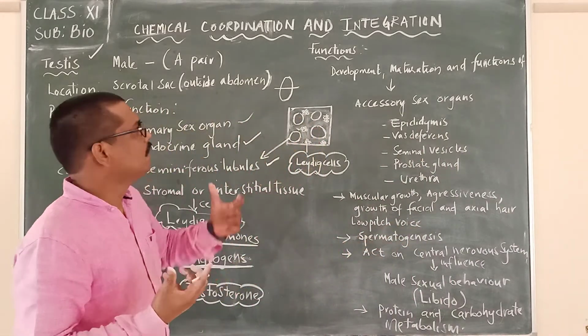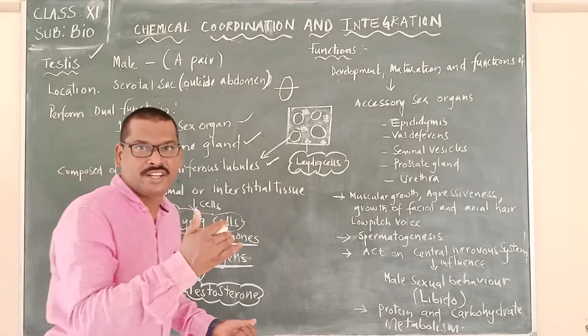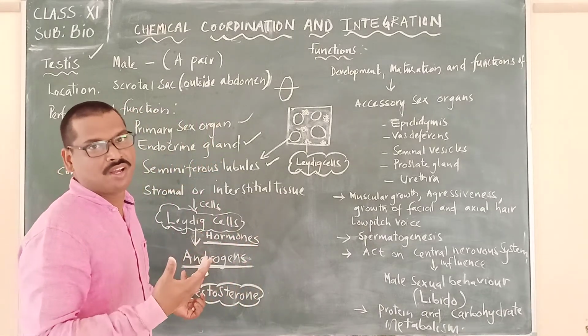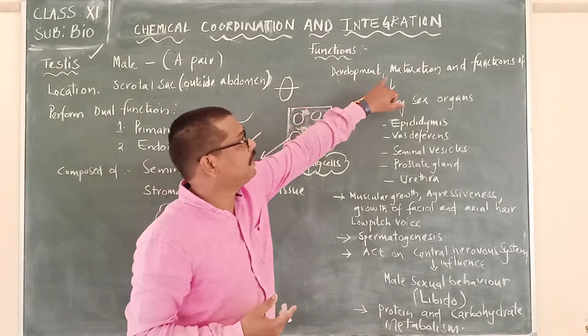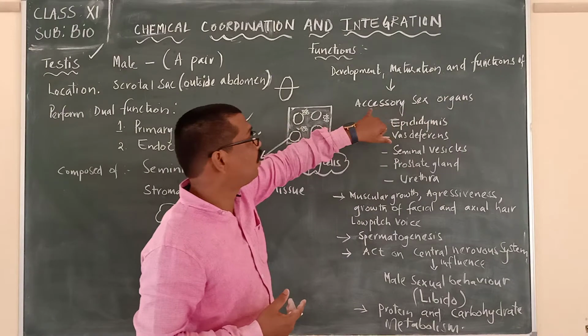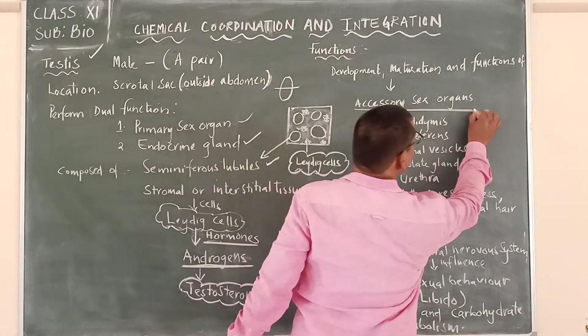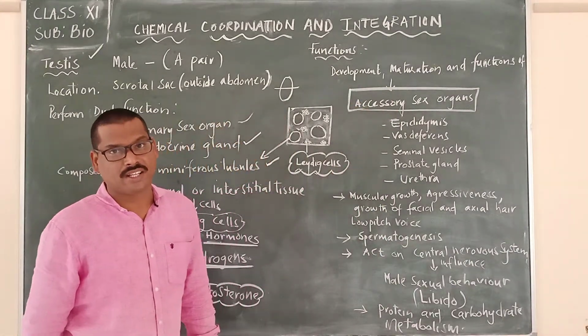Once the child reaches puberty, from then on this testosterone will be more active, stimulating the growth, development, maturation and functions of the accessory sex organs. Remember this word, accessory sex organs. What are the accessory sex organs?